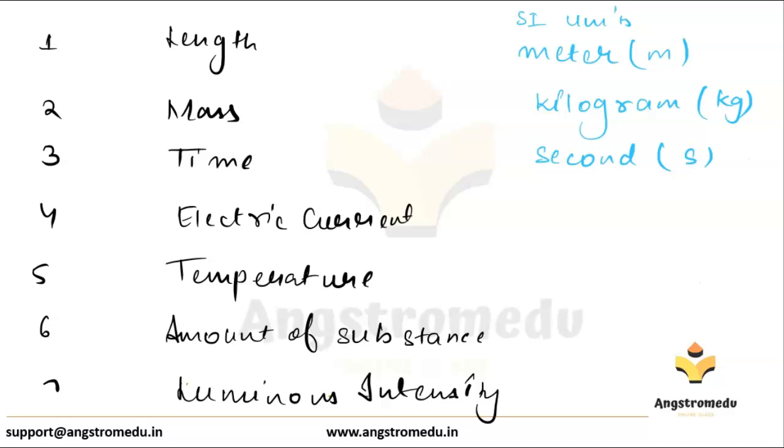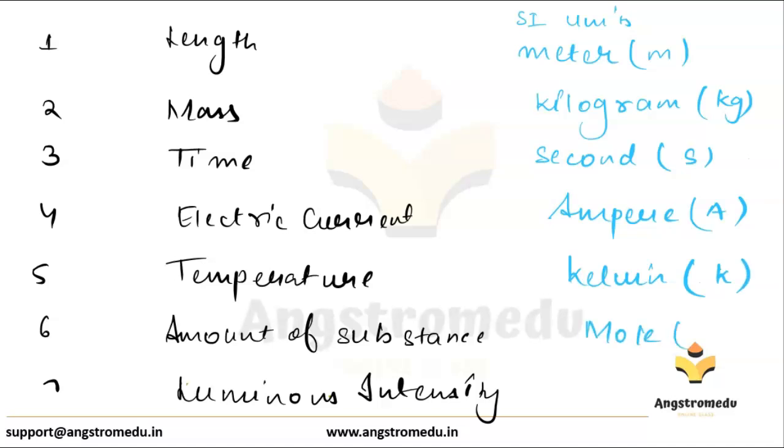Electric current SI unit is ampere, represented as A. Then temperature we have Kelvin, represented by K. Then amount of substance is mole, represented by mol. And luminous intensity SI unit is candela, represented by cd.